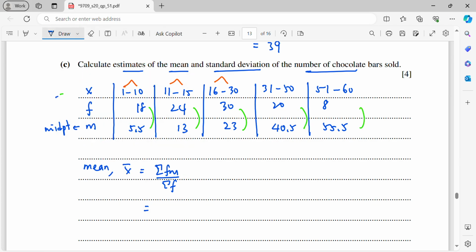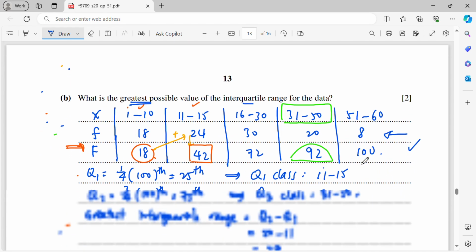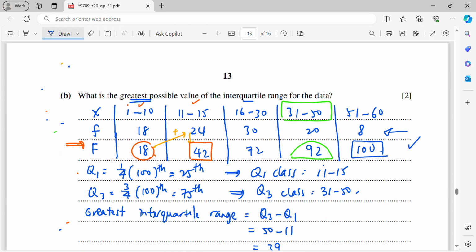Then I will be getting 18 times 5.5 plus 24 times 13 plus 30 times 23 plus 20 times 40.5 plus 8 times 55.5, over the total, right? Total is 100. That is the last capital F.